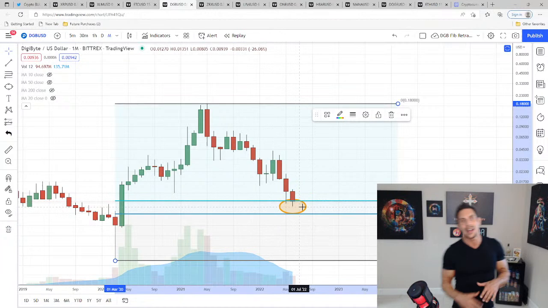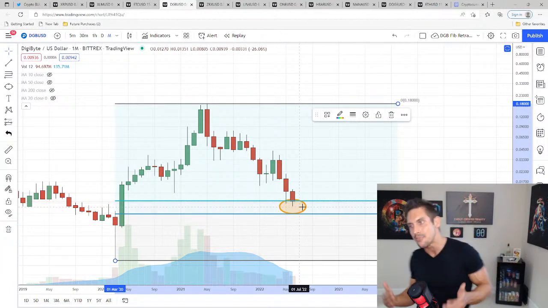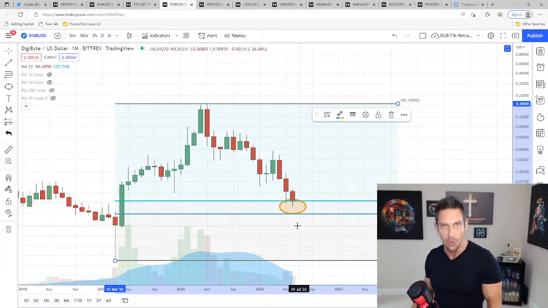I'm not, by the way, as I'm pointing all of these things out, telling you that we can't go lower. What I'm trying to share with you is an observation that I have regarding a lot of these altcoins, and I'm theorizing that this could be the bottom, or at the very least a temporary bottom, before maybe we create some lows.